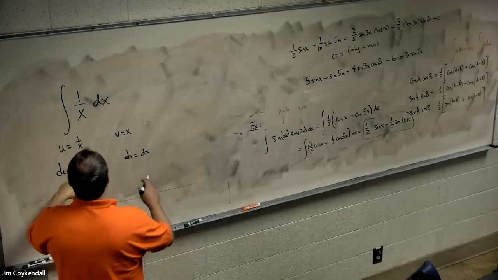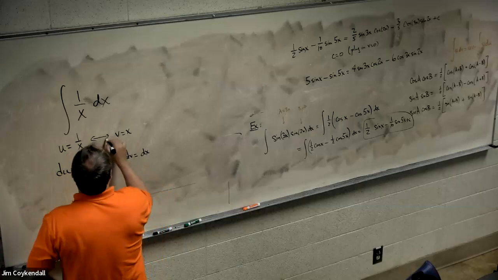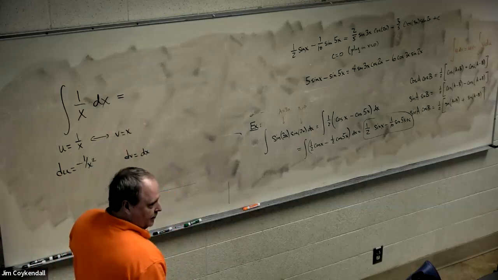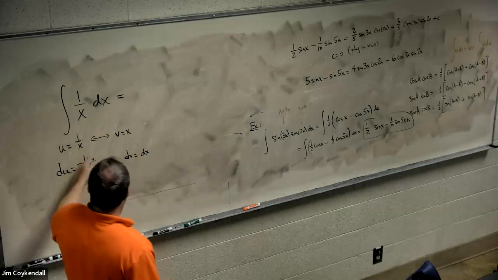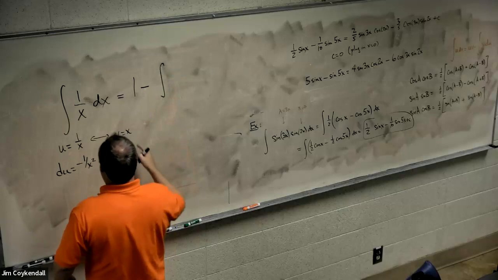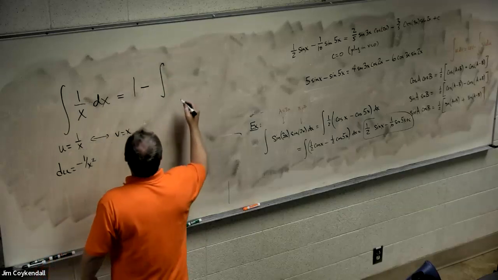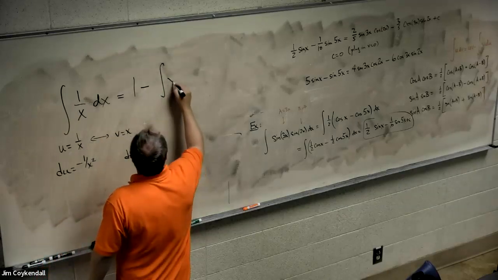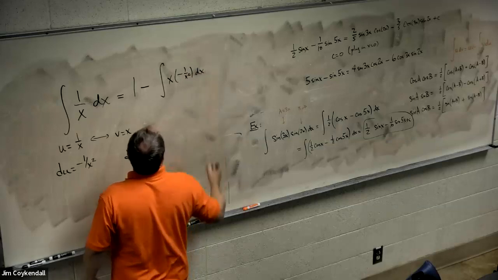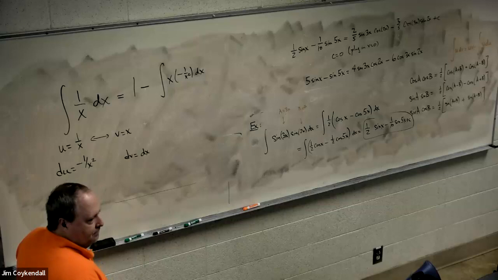Now let's use the parts formula. What's uv? So it should be uv minus the integral of v du. Great.